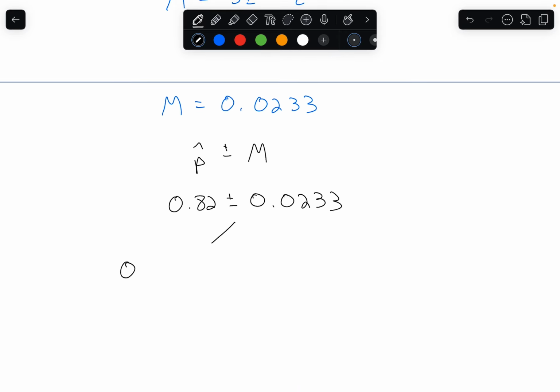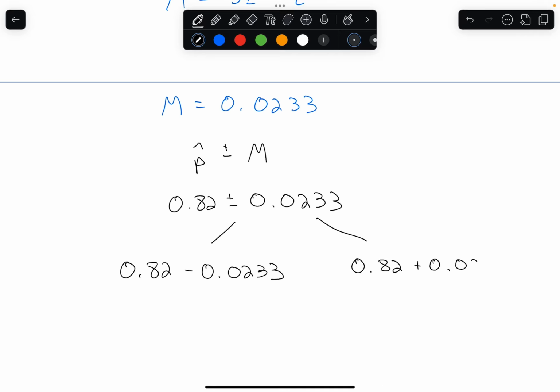Now, this looks like one calculation, but it's really actually two. I have 0.82 minus 0.0233, and then I also have 0.82 plus 0.0233. I would recommend taking a second to write out both of these because we are going to have to calculate both. When we write out our confidence interval, we always want the smaller number first, and that is something that matters.